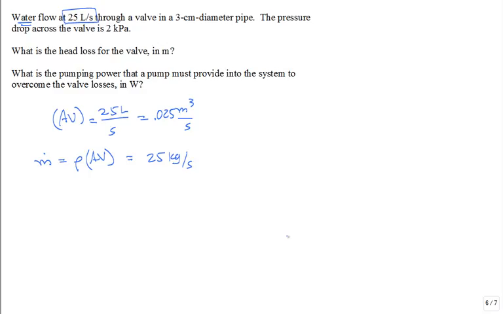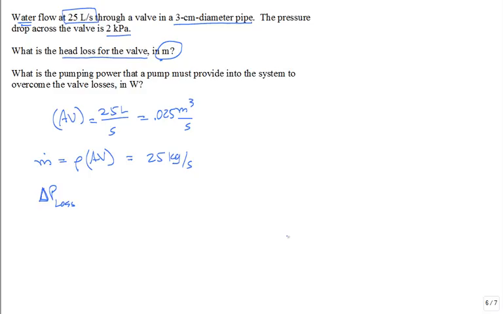If through a valve, 3 centimeter diameter pipe, okay, the pressure drop across the valve is 2 kilopascal. So that would be like a delta P loss. It's a drop, it's a loss. What is the head loss for the valve in units of meter? So, well, let's first calculate the delta P loss.